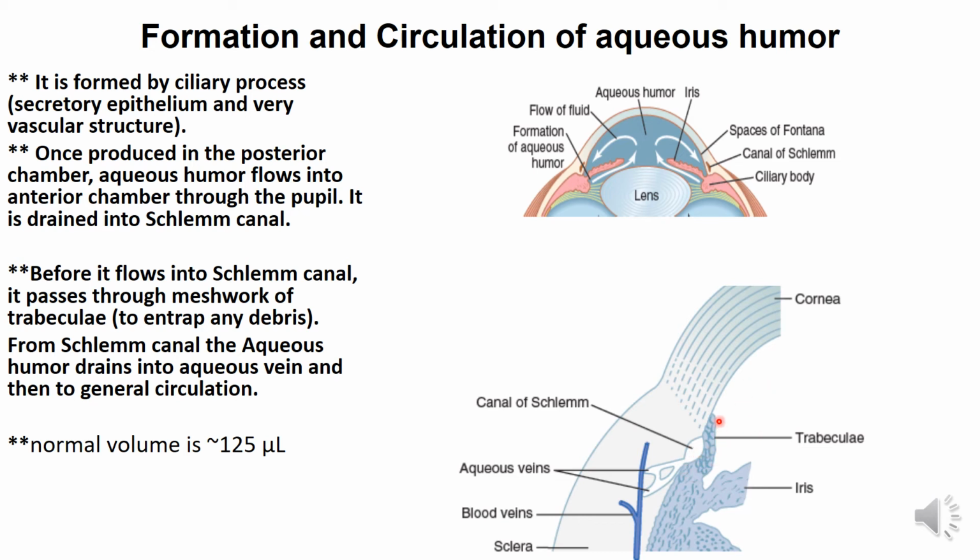The function of these trabeculae is to interrupt any debris produced or found in the anterior chamber. And from the canal of Schlemm, the aqueous is drained into the aqueous vein, and from there to the general circulation, into the venous blood. The amount of aqueous humor in the eye in this area is about 125 microliter.